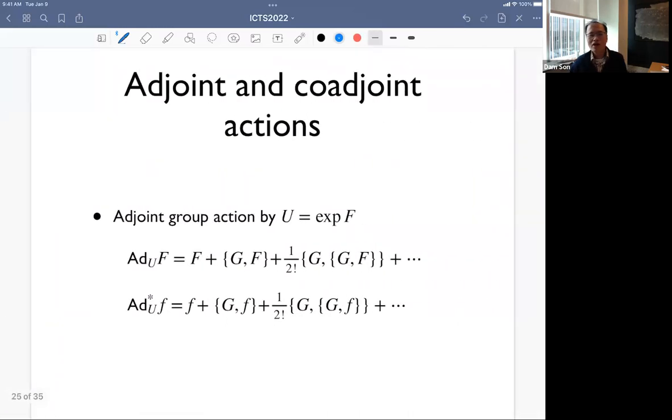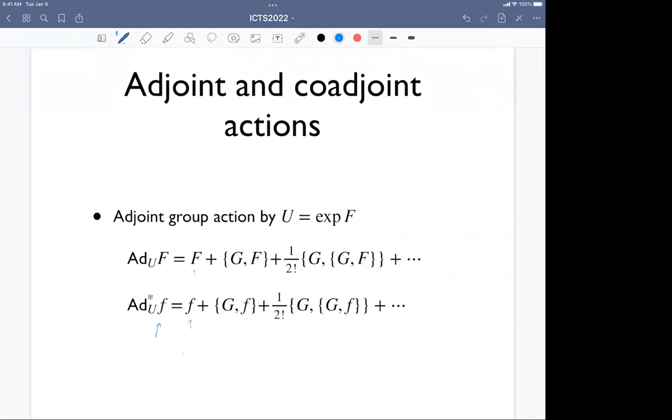The adjoint action on the algebra and on the distribution function looks exactly the same. Actually, this is an exponent of the Poisson bracket acting on either function F or small function f.